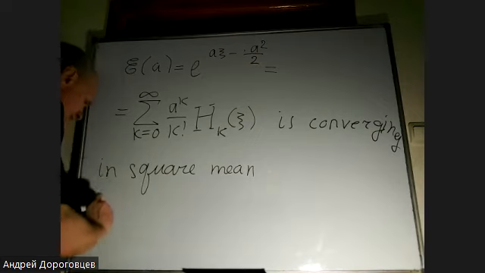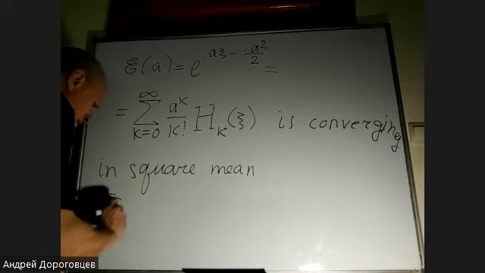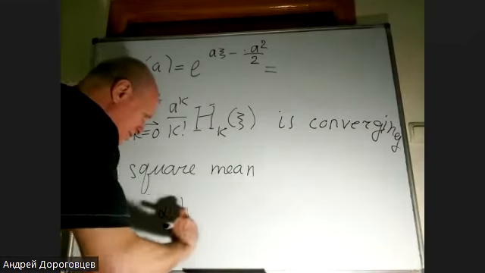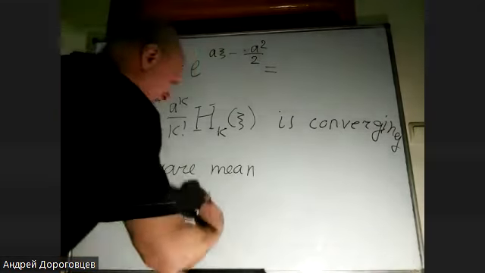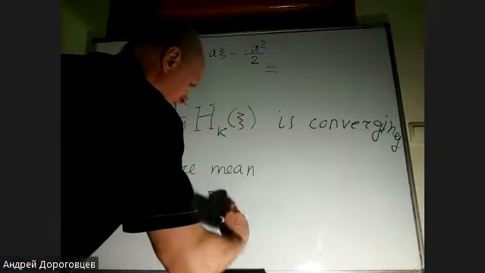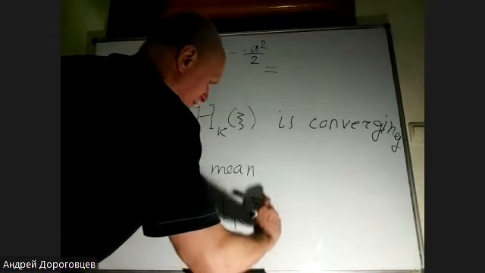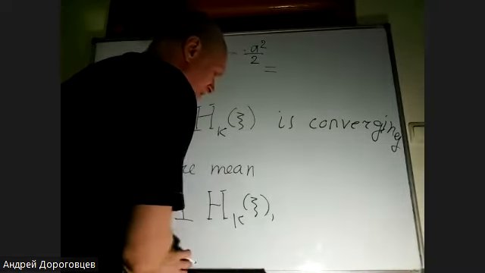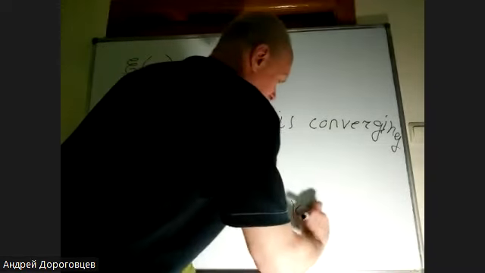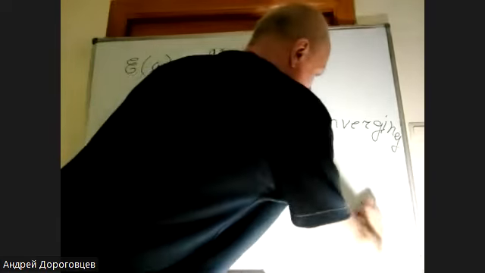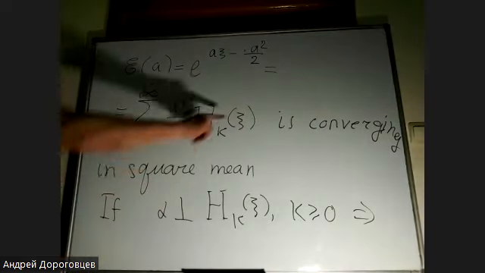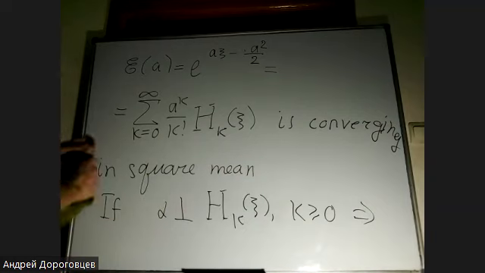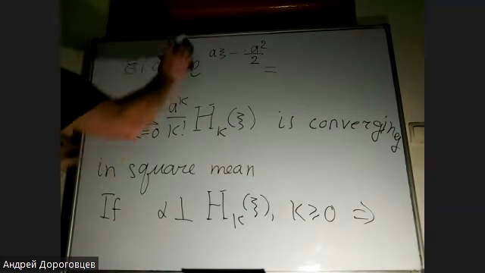Hence, if some alpha is orthogonal to h_k(ψ), excuse me, for any k, then it follows, of course, alpha is measurable with respect to ψ, we discussed this, that alpha is orthogonal to the stochastic exponent.